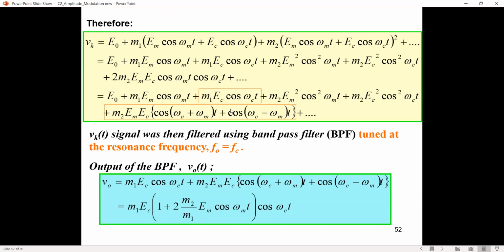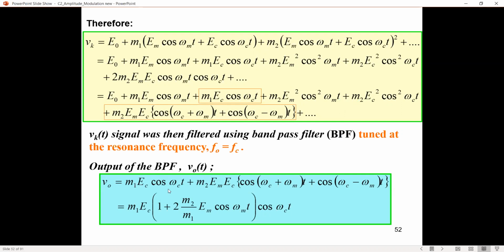So when we center at FC with bandwidth plus minus FM, it will accept only the carrier and the two sidebands. The rest of the components, the low frequency in front and the high frequency here, will be removed from our output. So this is an example of our output from the above equation.